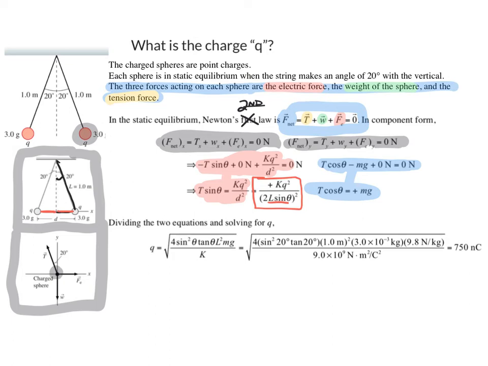So this right here, sine of theta will be d over 2, the opposite over hypotenuse, over L. That means sine theta is going to be d over 2L, which means d is 2L sine theta.